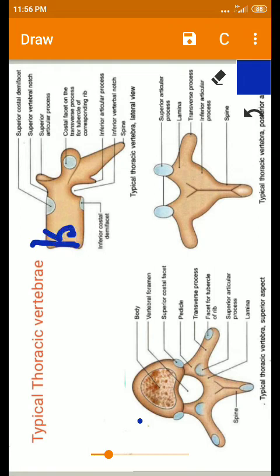Up to here, this anterolateral aspect is covered by the anterior longitudinal ligament. Lateral to this ligament, it gives origin to the muscle called longus colli.